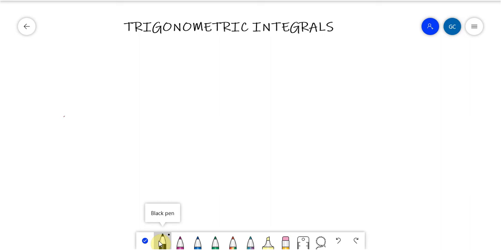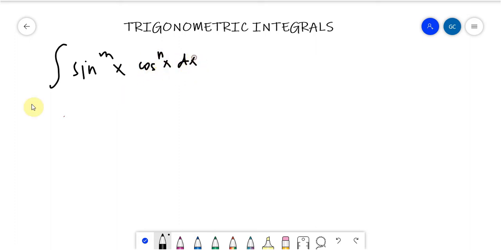First is the strategy for evaluating, let's say, the integral of sine mx times cosine nx dx.